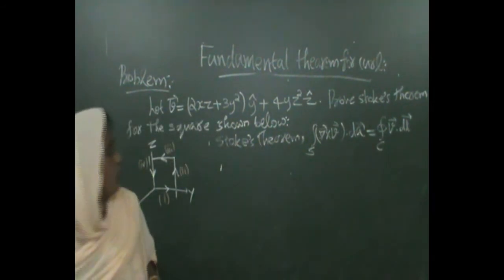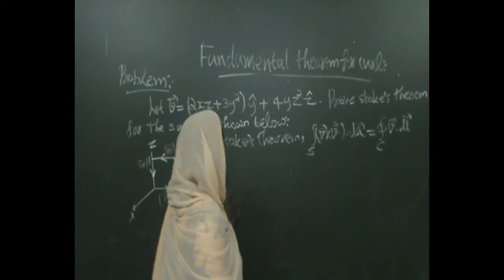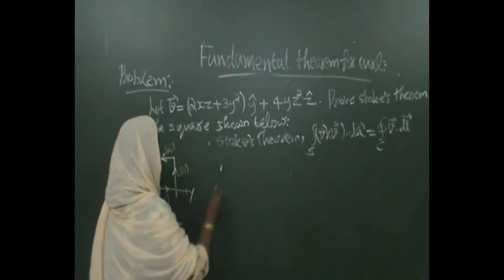Now we can do the problem here. First of all, we want to find del cross V. V is given here.